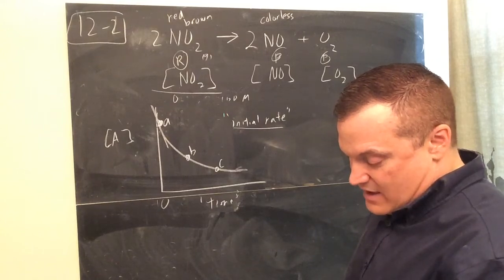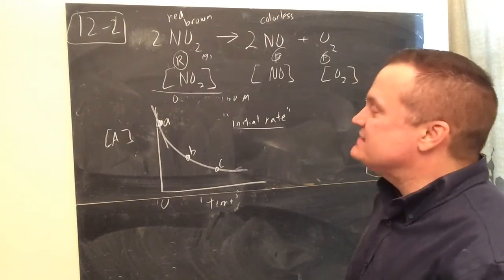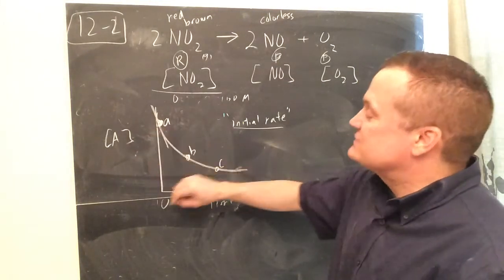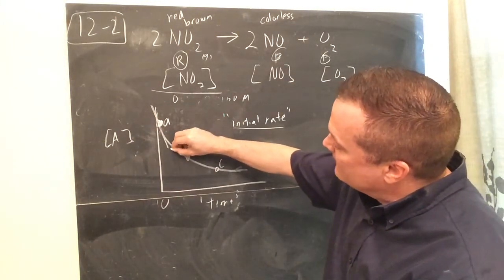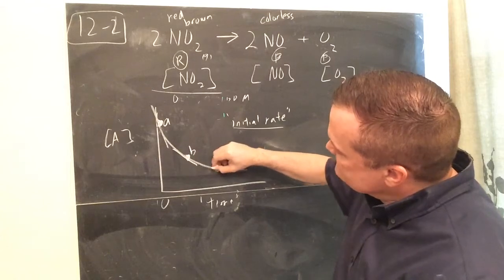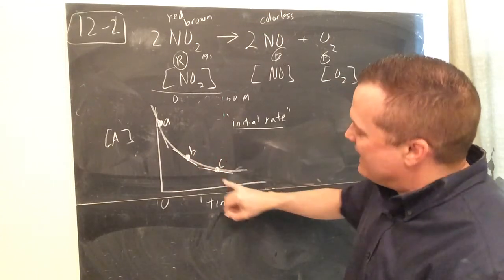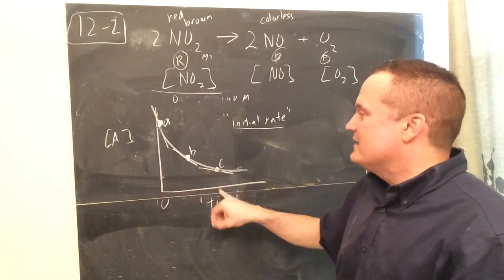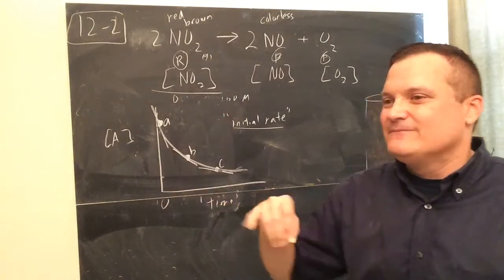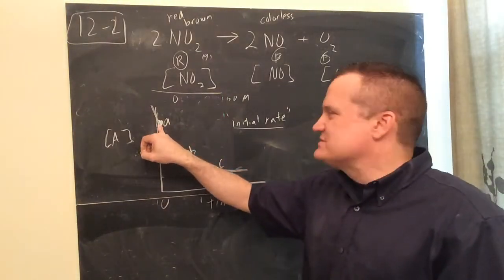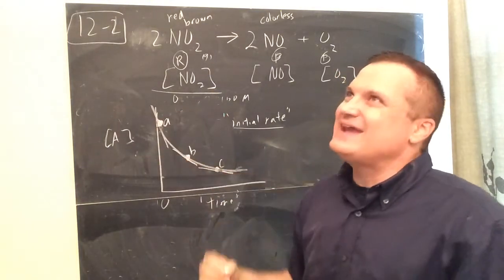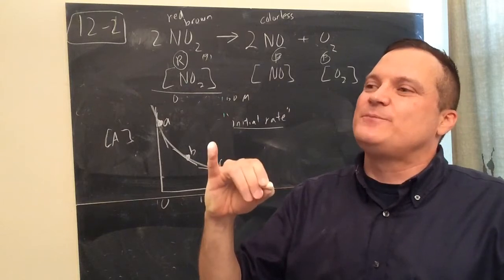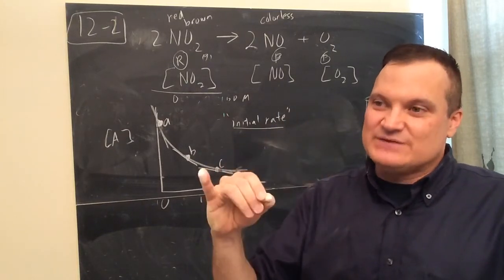Now, instantaneous means that would also be an instantaneous rate. It's the rate at any given moment, and it's always the slope of the line tangent to the curve at that time. That would be the rate. This divided by that. Just say at point A, technically my initial point was 0, 0.